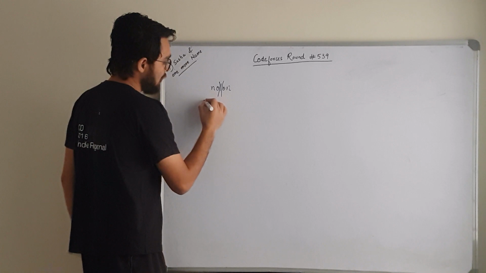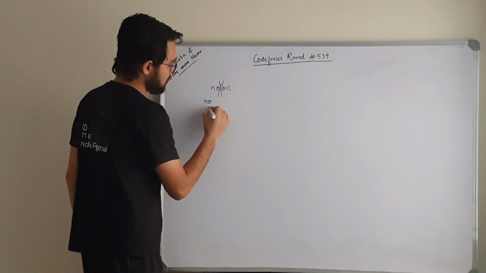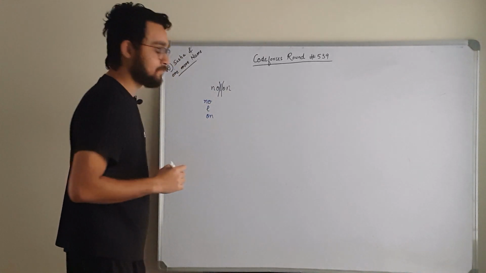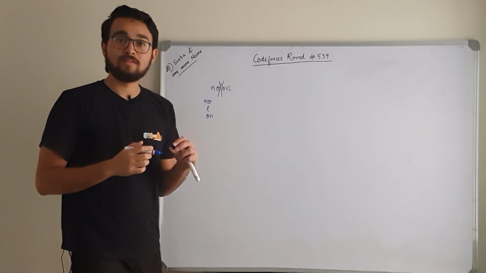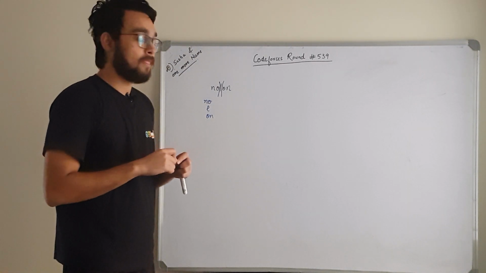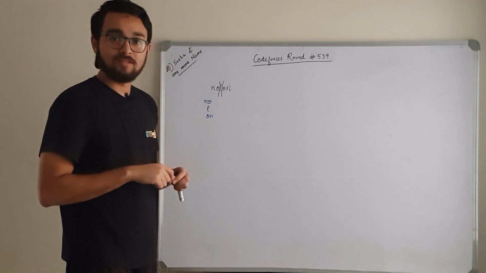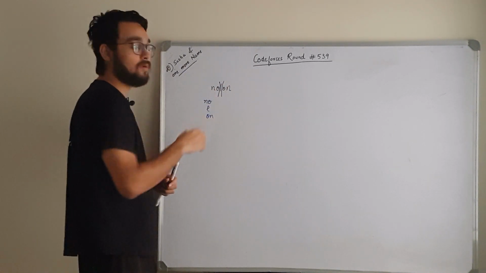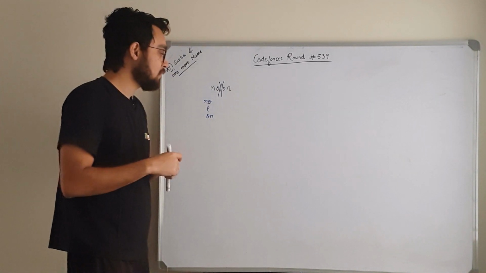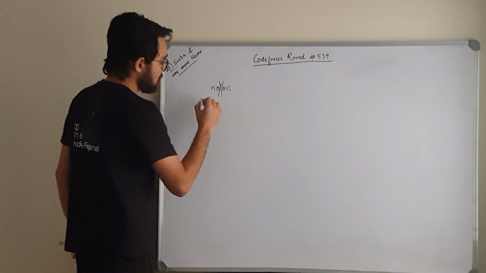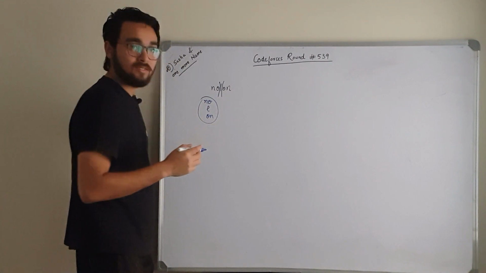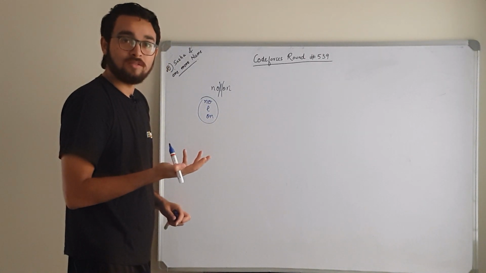Then you have three parts: no, L and on. Now your task is to form a palindrome with these parts which is different from "noLon".